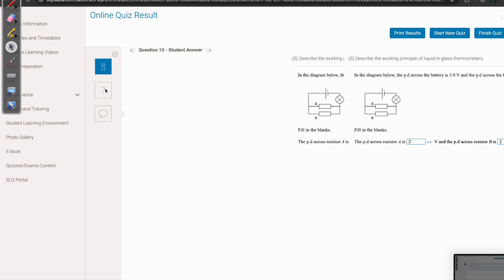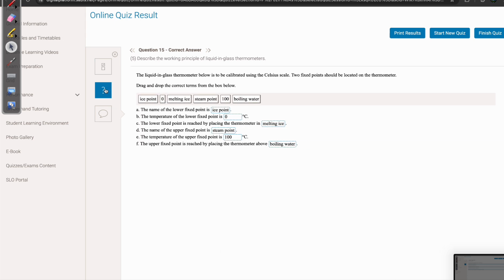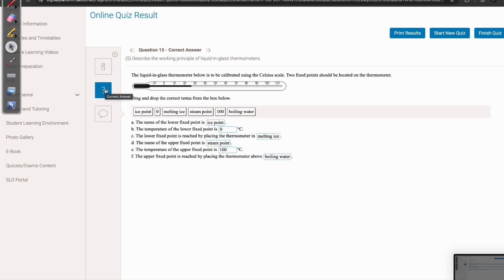Number 15. The liquid in glass thermometer below is calibrated to use the Celsius scale. 2 fixed points should be located in the thermometer. Here they're using the ice point and steam point as different names just to confuse you guys, but the ice point is the same as the freezing point. It's at 0 degrees Celsius. We figured this out by putting a thermometer in freezing water or melting ice, doesn't matter.